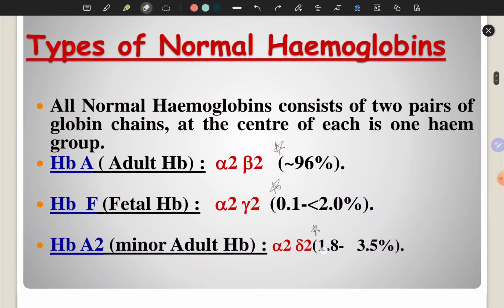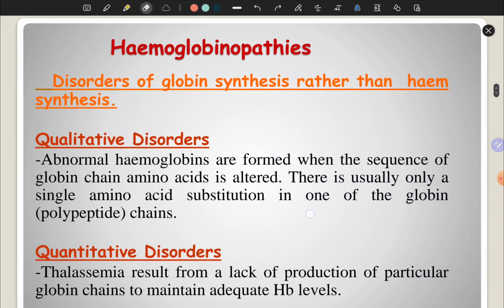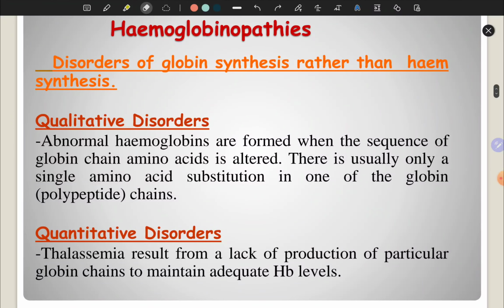So, what is qualitative? It means the structure of the hemoglobin is changed, then the function might be changed, not always. Quantitative means lack of production of one of the chains, either alpha or beta, sometimes even both of them, but this is rare.